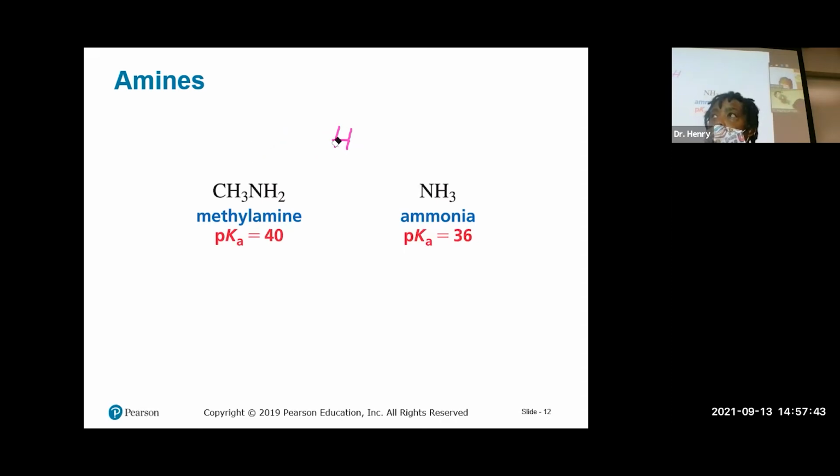Okay, so these guys are amines. Now, all of them could technically have primary, secondary structures, but amines basically have nitrogen. Okay, so this is a primary amine.